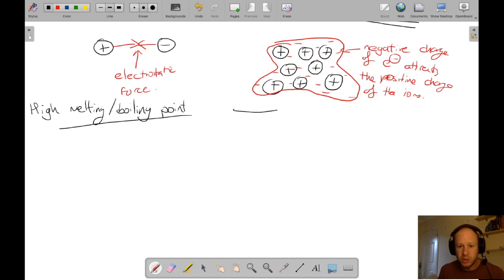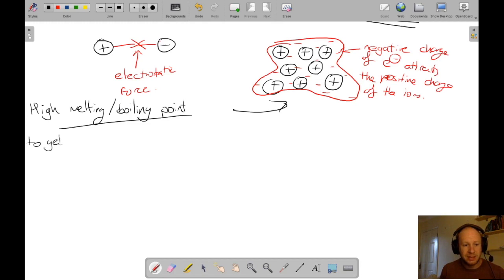Well, it's also to do with this, the electrostatic force between the positive ions and the electrons. That's why it has a high melting and boiling point.